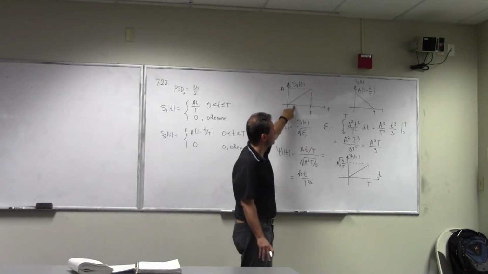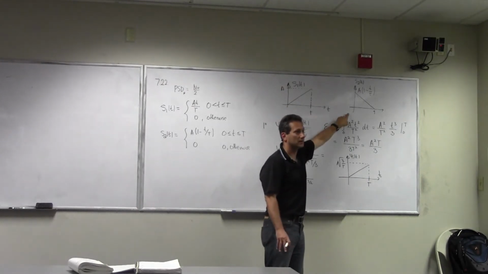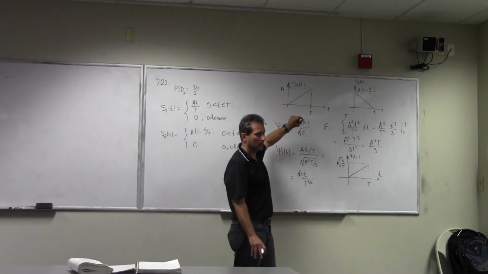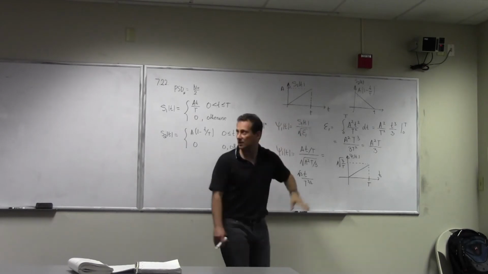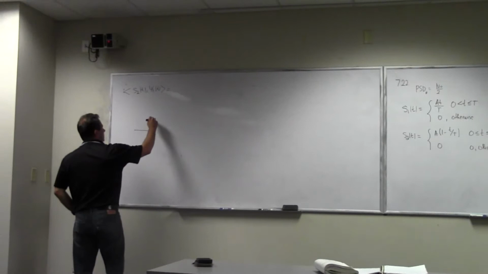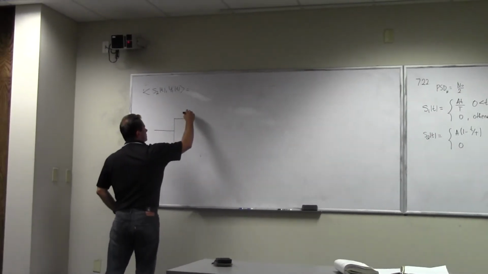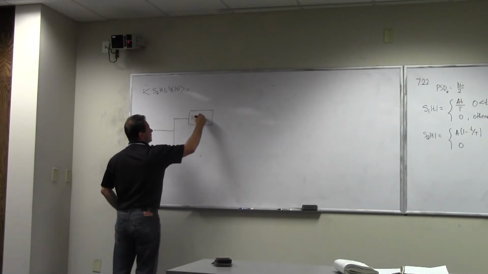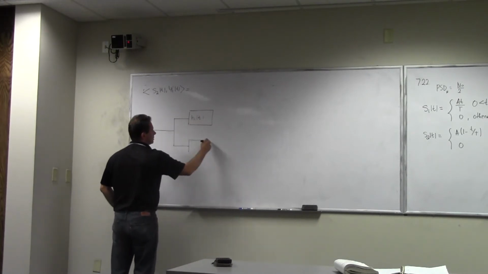Find the matched filter for this, find the matched filter for that. But what you need to be cognizant of is, here's what the suggestion is. This is H1 of t, and this would be H2 of t.